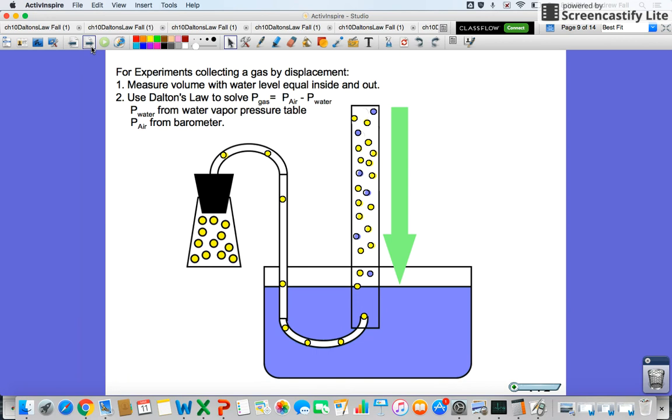And you can see that you can rearrange Dalton's law to solve for the pressure of the gas inside, what we would call the dry gas pressure, by simply subtracting the pressure of water vapor from the atmospheric pressure to get the value of the pressure for your gaseous sample. Now, the pressure of water vapor is completely dependent on temperature.